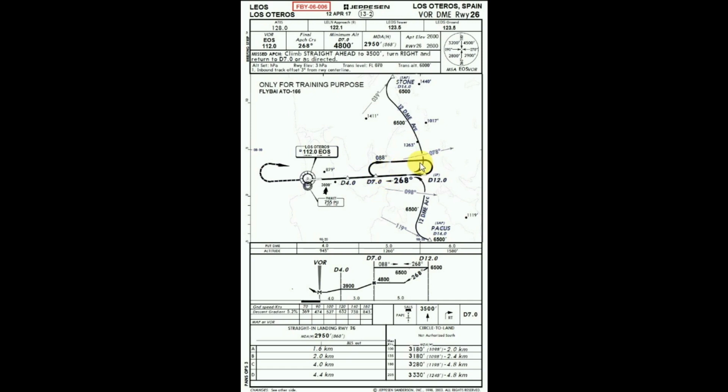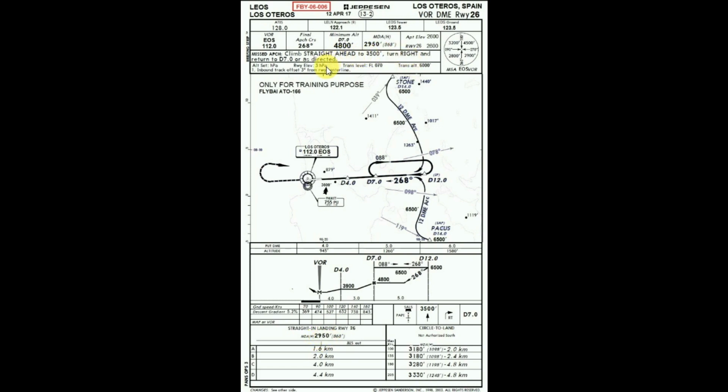The approach checklist will be done before reaching this 088 heading DME 12, and when we are already established before DME 7, more or less DME 8, we're going to go for the do and read final checklist. As we said, our minimums 2,950 feet.